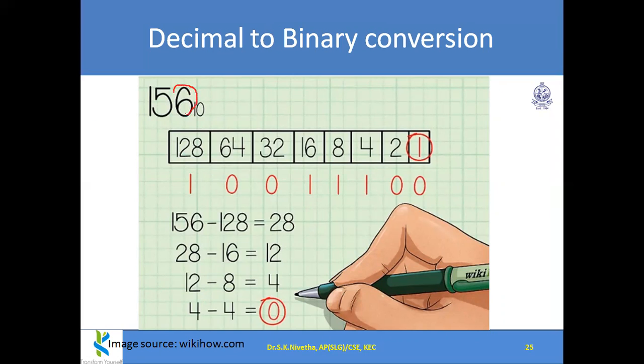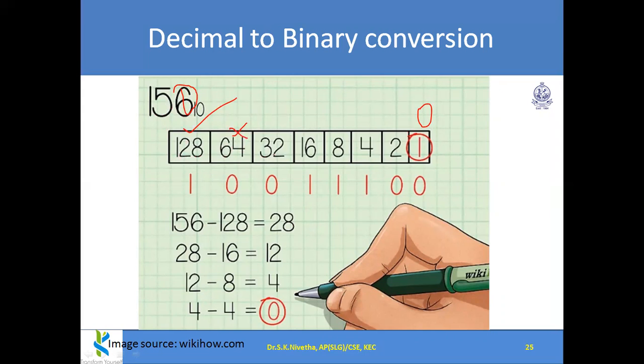156, 6 is an even number, so the last bit will be 0. Now we can start with the highest value. 156 is larger than 128, so I can use this bit. And 128 plus 64 crosses 156, so I am not using this.